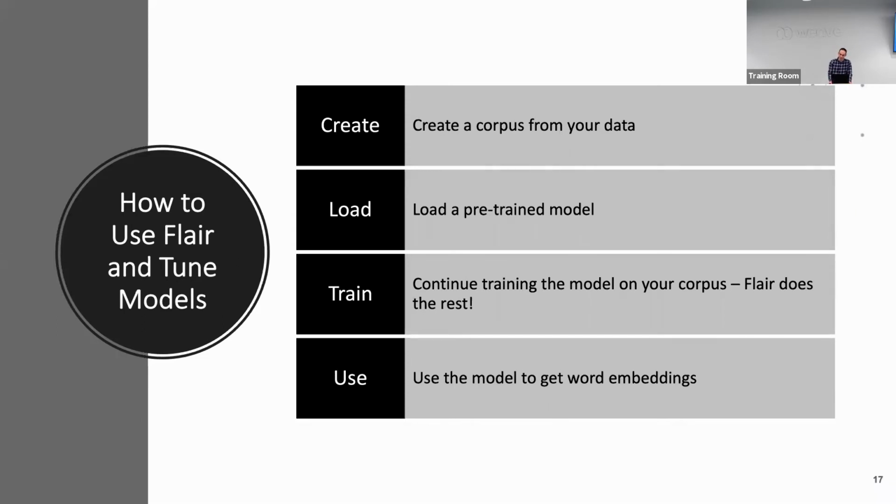So we train that for a little while, and then we can use the model to extract word embeddings. Word embeddings are vector representations of words, so they help capture the meaning of words. For example, we might have a vector for the word king. That's this list of numbers.